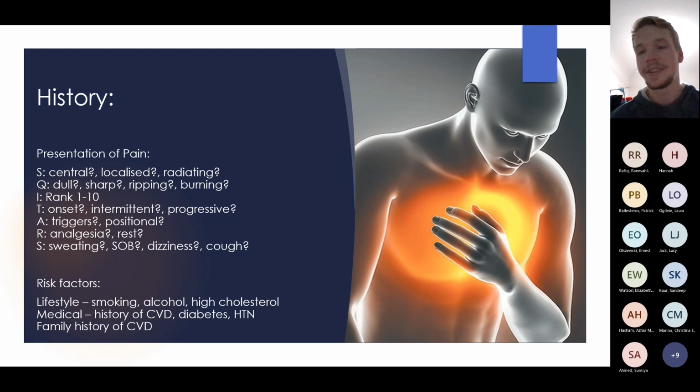So crushing, sharp. Sometimes people say a tearing pain, maybe a burning pain. And then intensity. So ask them how bad that pain is. Like someone sitting on their chest. So tightness, anything like that.